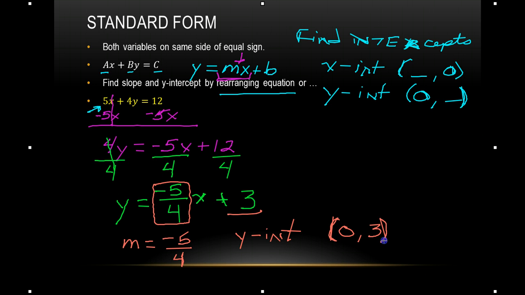Now, wouldn't it be great if there was a faster way to do that? Let's go back to what I stated earlier about rearranging equations. In this case, we have ax plus by is equal to c.